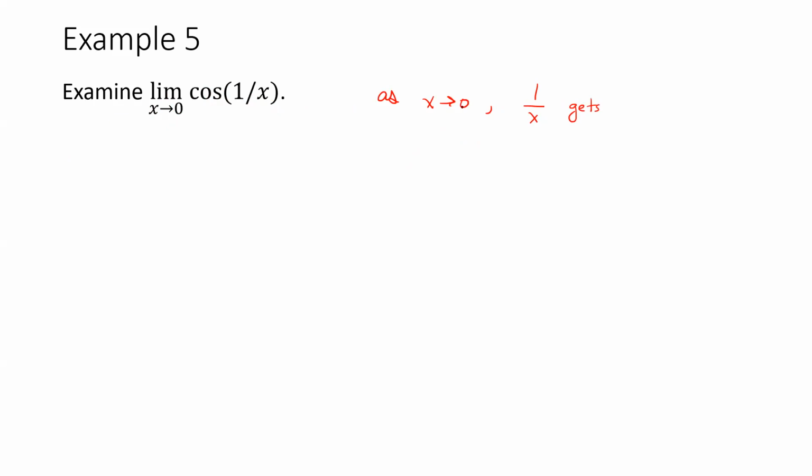Well, if we look at 1 over x, as x gets smaller and smaller and smaller, 0.1, 0.01, 0.001, and so on, 1 over x would be 1 over 0.1 is 10, 1 over 0.01 is 100, 1 over 0.001 is 1,000, right?